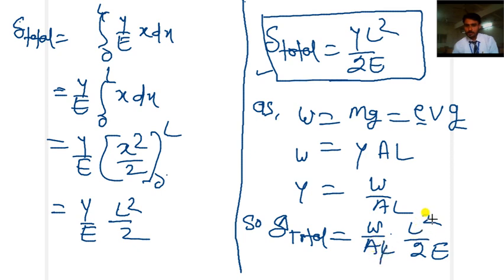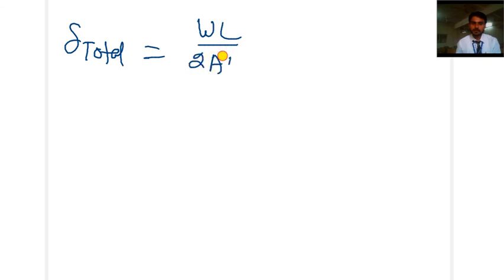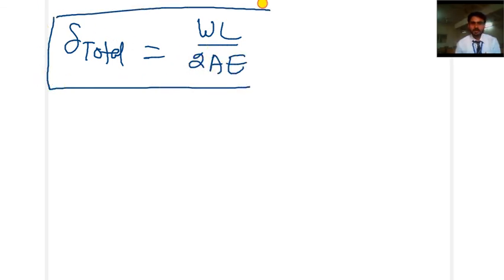L will be cancelled out, and here the del total will be equal to WL by 2AE. That is the same formula but in terms of weight.